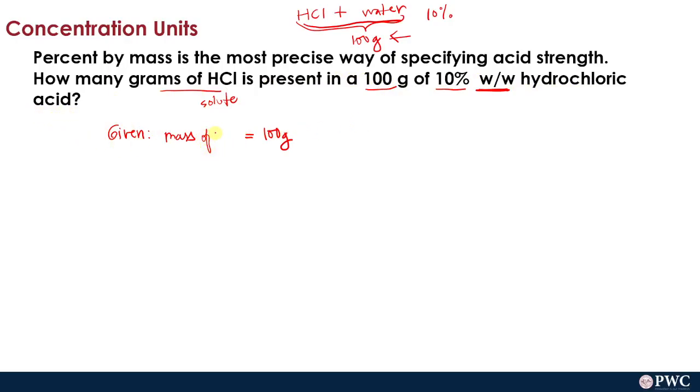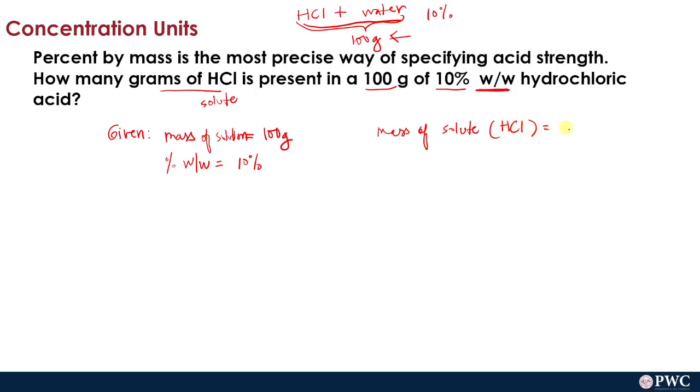How about this 10%? This is the percent by mass, or the weight concentration, of the solution, equal to 10%. Here we're asked to determine the mass of the HCl, and the HCl is the solute. So we're asked to determine the mass of the solute.